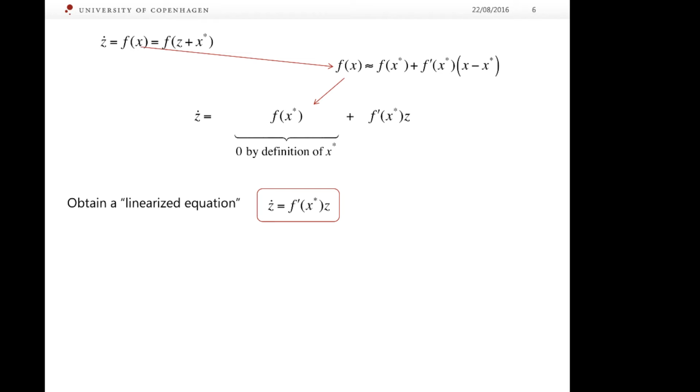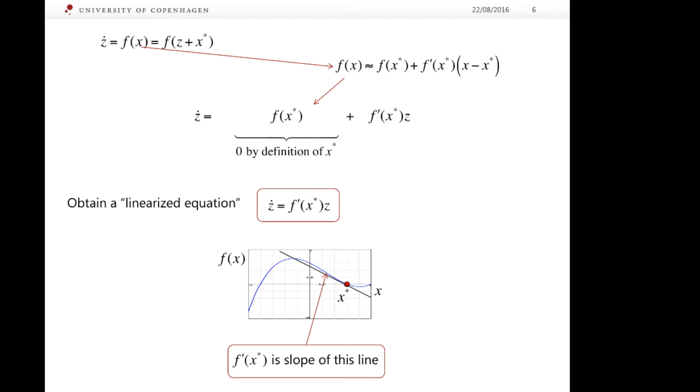This equation is obviously linear, because the derivative of the function f at the fixed point is just a number. And therefore, this is what we call a linearized equation. The significance of the quantity f dash at x star is that it represents the slope of the tangent straight line which goes through the fixed point.